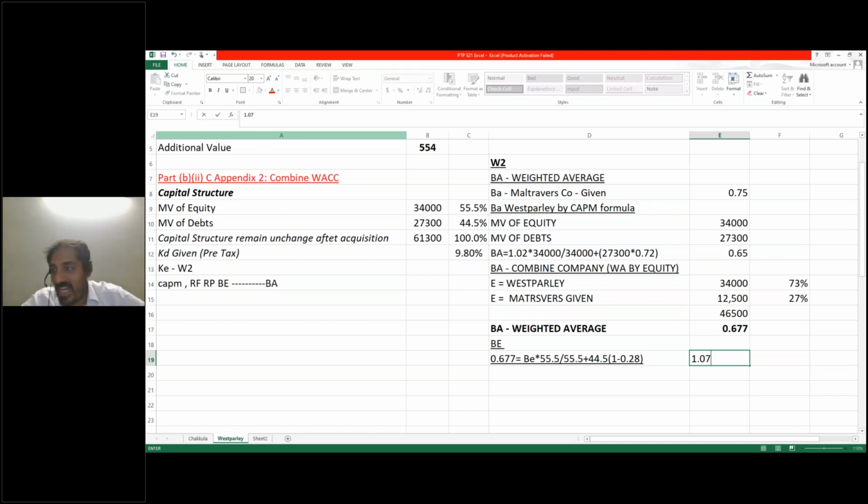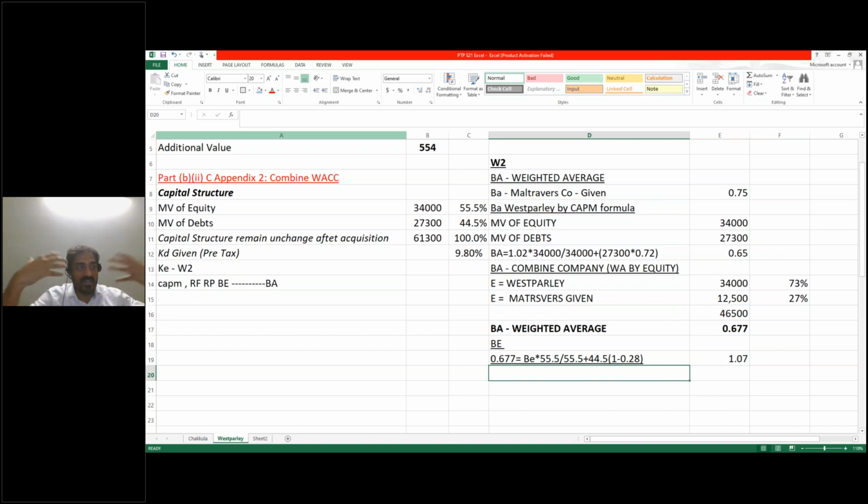Don't worry about that. I will share the file, but first you have to observe how I am working, how I am driving the things. And now Ke. Ke is equal to RF. How much is the RF?